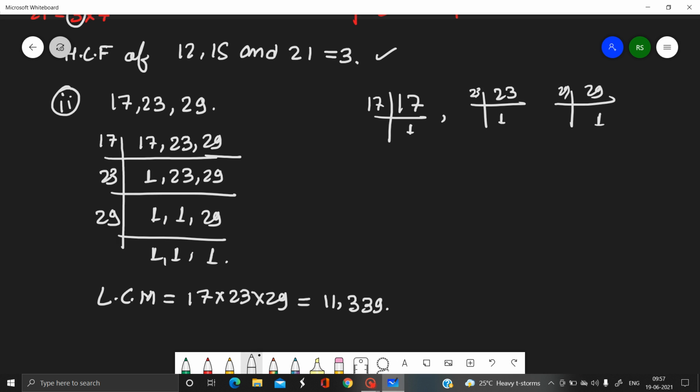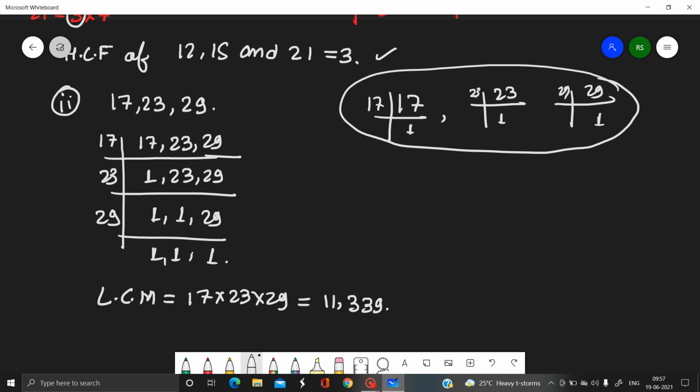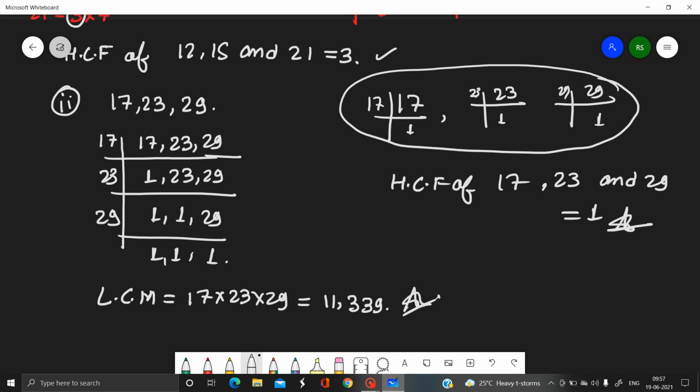All three numbers are divisible by 1. So I can say that the HCF of 17, 23, and 29 is equal to 1. This is the HCF, and here 11,339 is the LCM.